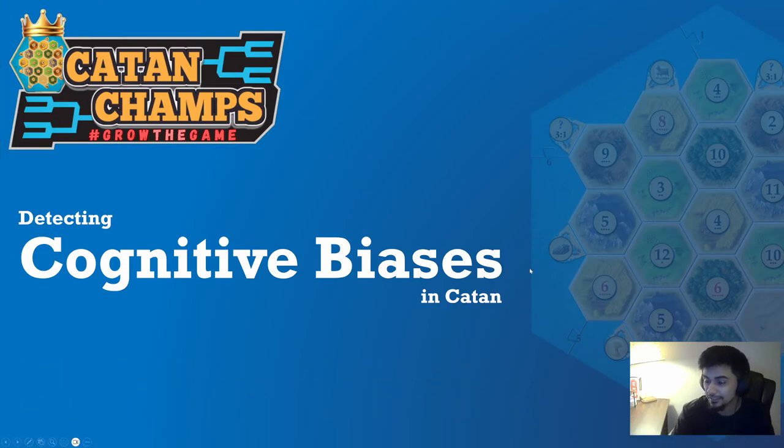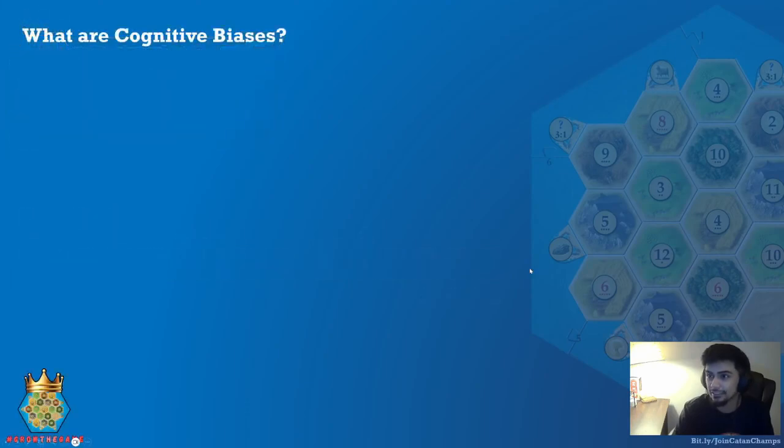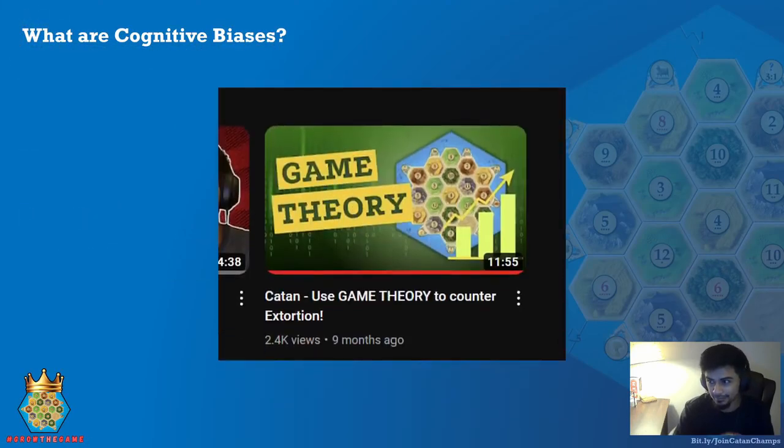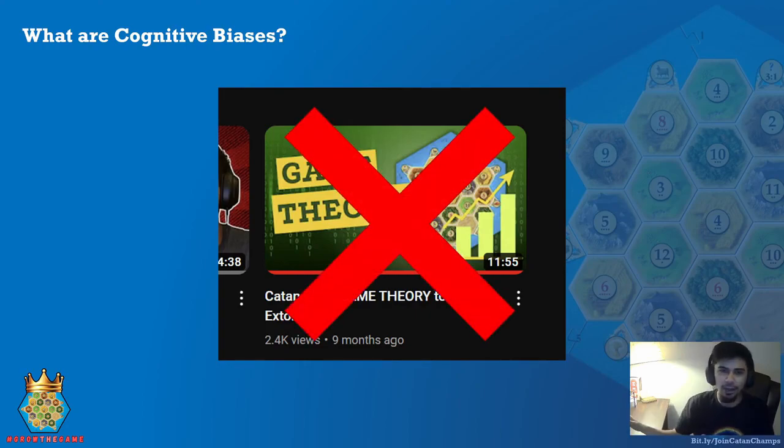Let me jump in to the second slide. So what are cognitive biases? Well, for those of you who remember my last class, which focused on game theory and rational, game optimal decision making, how to counter extortion that way, throw that out the window. This class is the exact opposite.